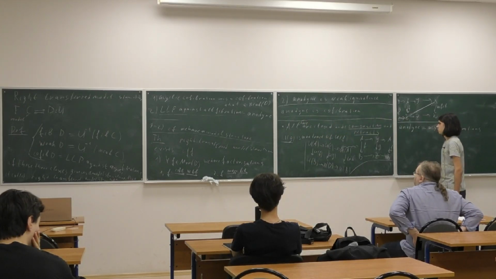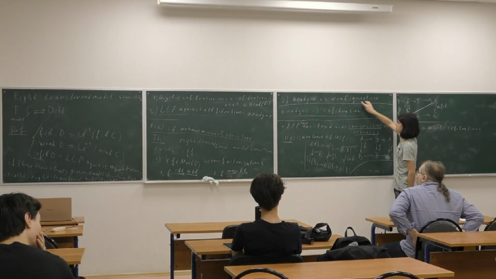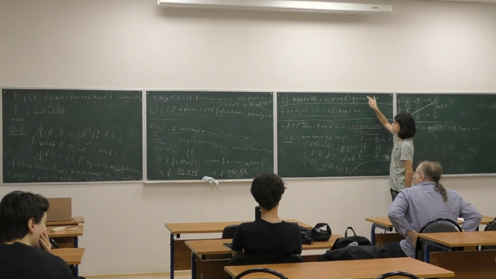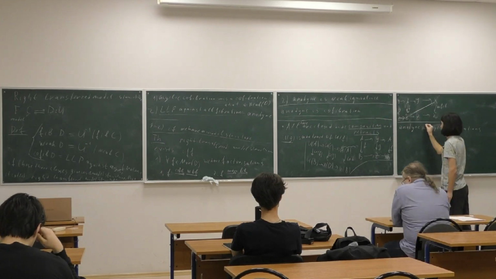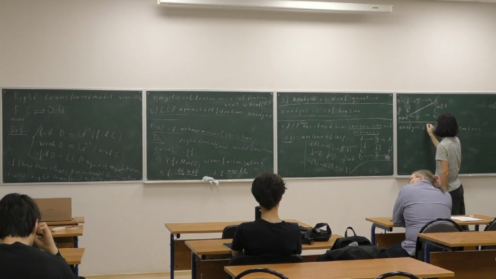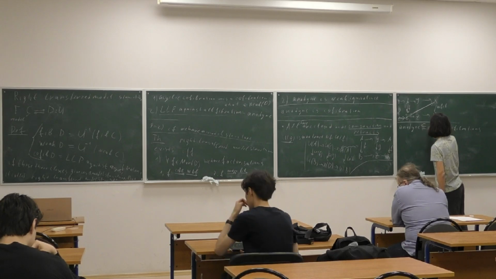So we know that anodyne maps are cofibrations, and by assumption we know that anodyne maps are weak equivalences, so we know an inclusion on this side.